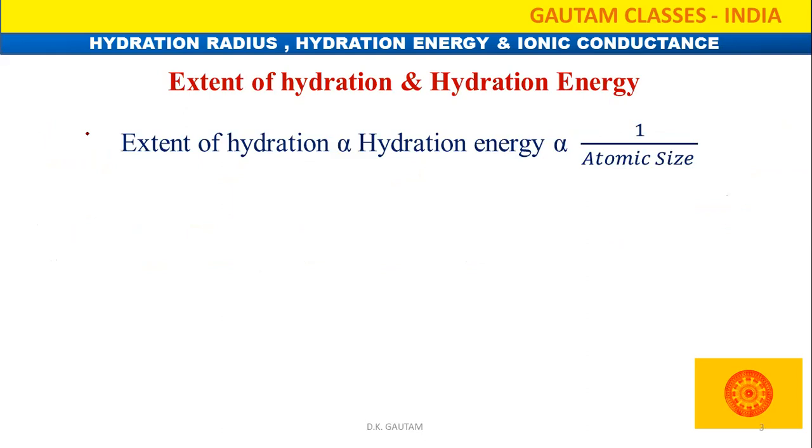So, extent of hydration or hydration energy. Just now I gave the definition of hydration energy: on dissolution of 1 mole of ionic compound, whatever amount of energy is liberated is called the hydration energy. Extent of hydration means the tendency of the ion to hydrate.